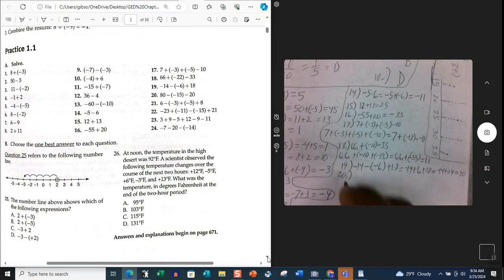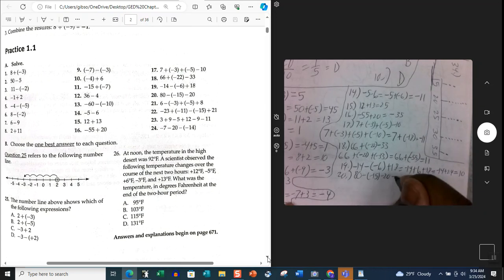So now we come to problem 20. We have 80 minus a negative 15 minus 20. So we would change the signs here. We have 80 plus 15 plus a negative 20.